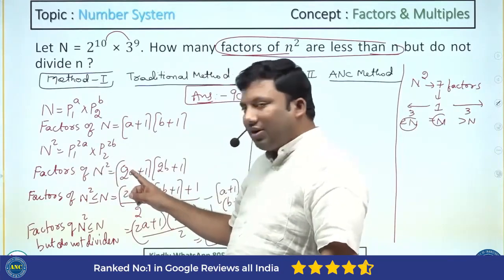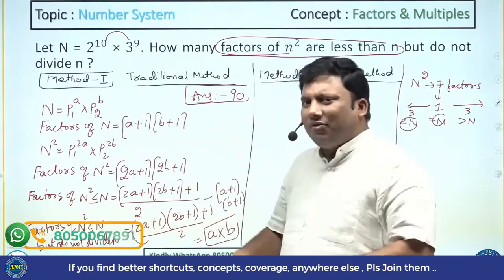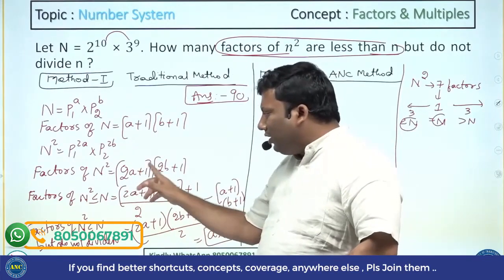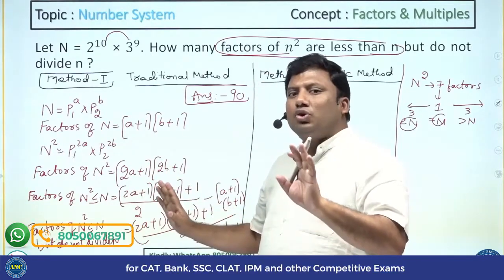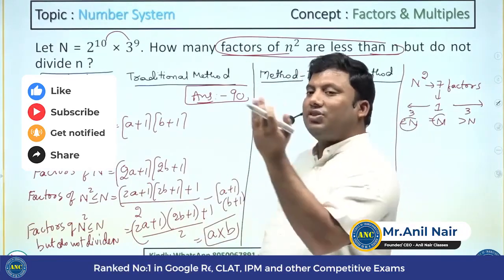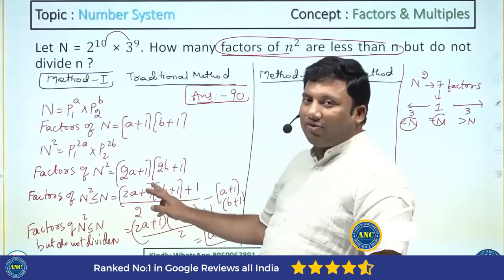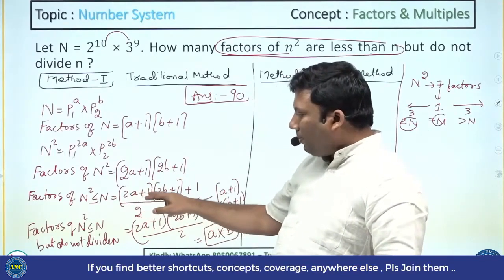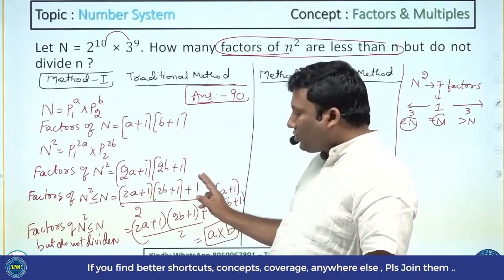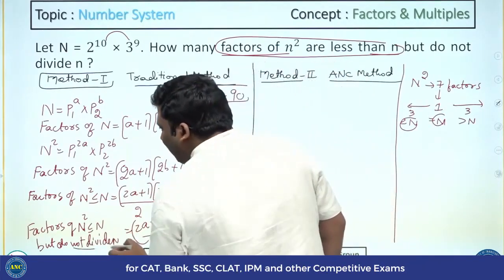Similarly, factors of n square will be (2a plus 1)(2b plus 1). Think with a very low value, a value 1, b value 1: 3 into 3, 9. 9 means 4 cases less than n, 4 cases greater than n, and one case equivalent to n. So ((2a plus 1)(2b plus 1) plus 1) by 2. From that one, I require those that do not divide n.